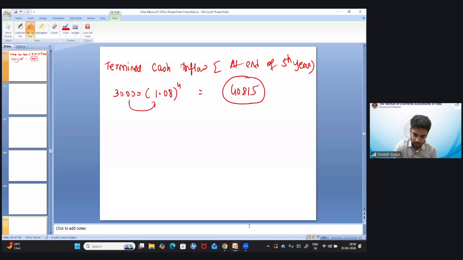Yes or no? This 40,000 which is the year 2 cash inflow, I will not keep in my pocket or in a bank locker or under the bed. I will reinvest for a further 3 more years again at 8%. So what will the value of this 40,000 be at the end of the fifth year? 5388. So can I say this is the terminal cash inflow of the second year? Are you getting this? 40,815 was the terminal cash inflow of the first year.